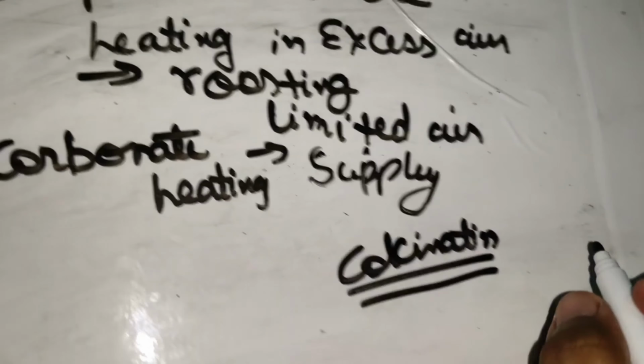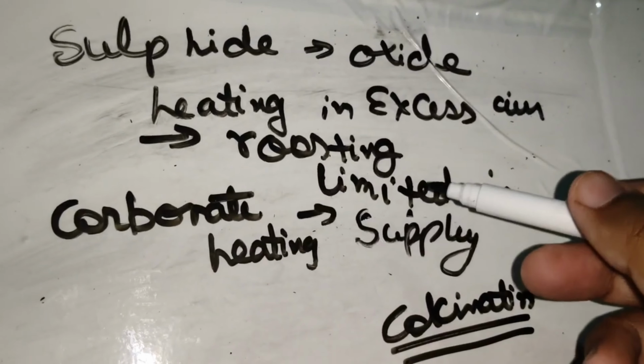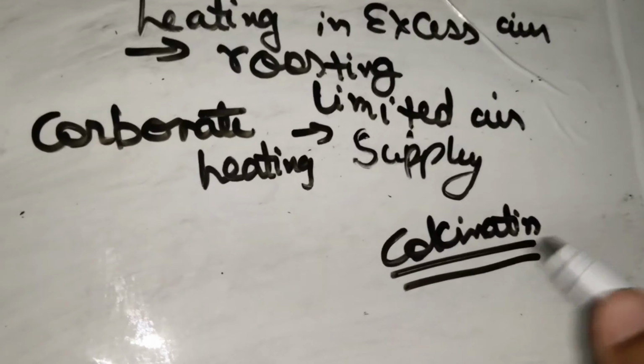So what is roasting? Basically, when excess air is given and the heating is done, it is called roasting, and when it is limited air, then it is known as calcination.